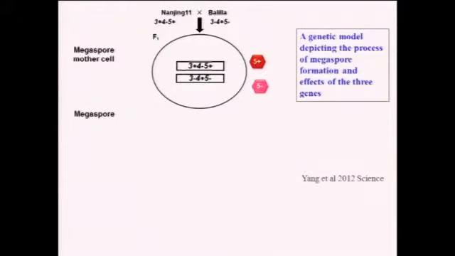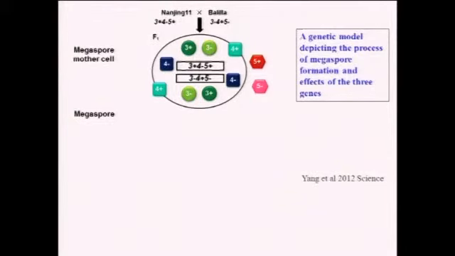And then we came up with a genetic model. We make a cross between 1911 indica and Balila japonica. And this is a hybrid. The hybrid would produce ORF5 plus and minus, and then ORF4 localized in the membrane, and then ORF3 localized inside the cell.